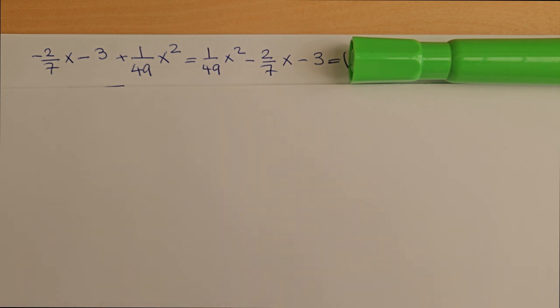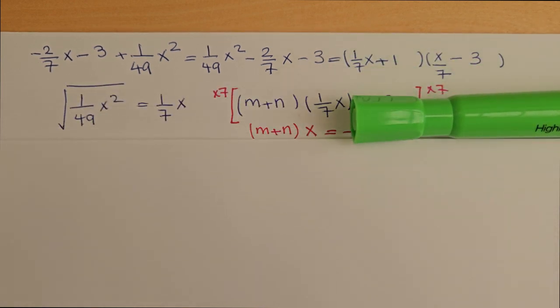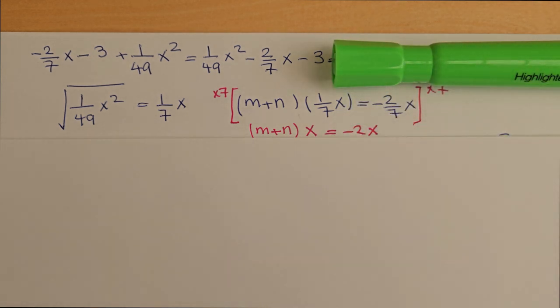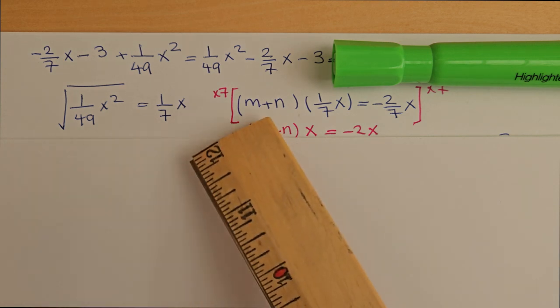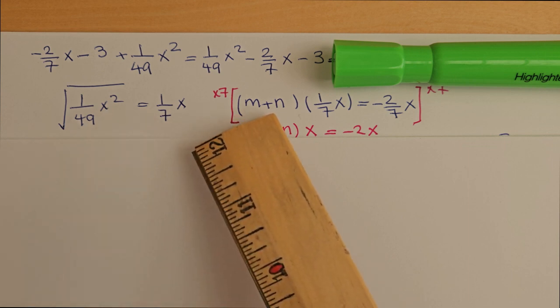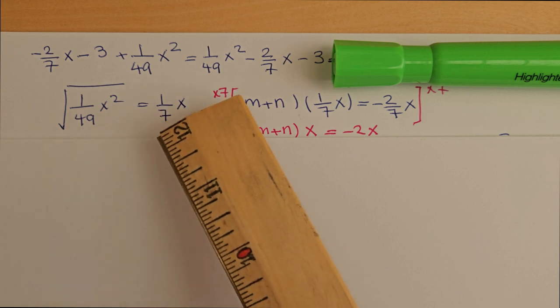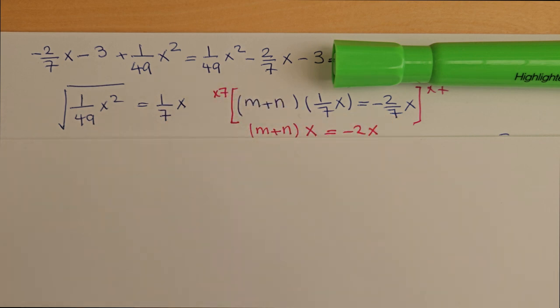Now I have to take the square root. Taking the square root gives me the repeating term. Later on, what I will do, I just add the two non-repeating terms multiplied by the repeating term, and it should be equal to negative 2 over 7x, right?